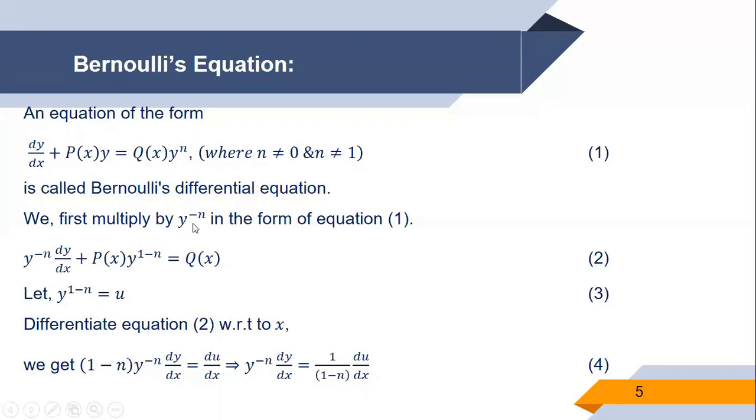Then we get y raised to minus n dy by dx plus p of x y raised to minus n into y, that means y raised to 1 minus n, equal to q of x. Now we consider y raised to 1 minus n is equal to u.